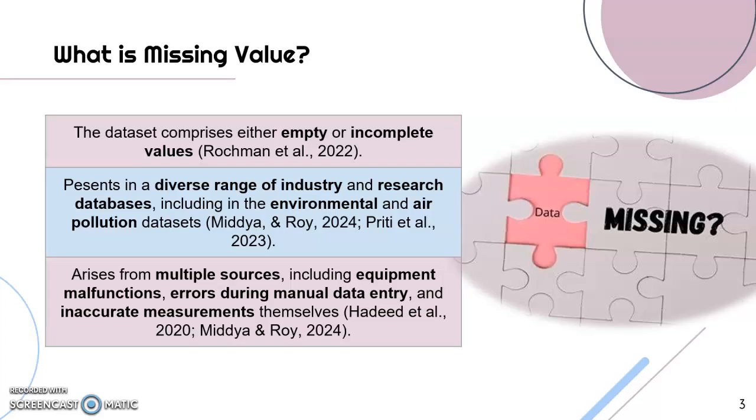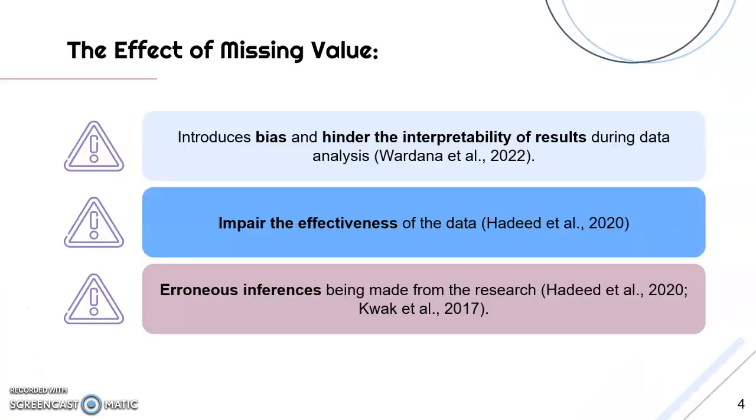First, let's discuss what is missing value or missing data and why it needs to be addressed. Missing data means the data set comprises either empty or incomplete values. Missing data occurs in various fields, including environmental and air pollution data sets, due to reasons such as equipment malfunctions, manual data entry errors, or even inaccurate measurement.